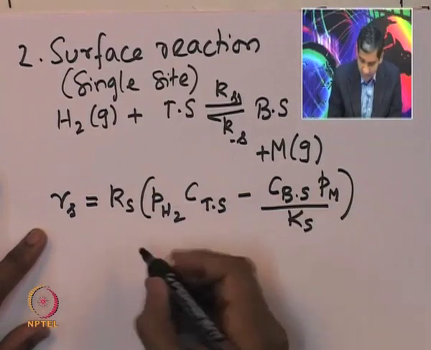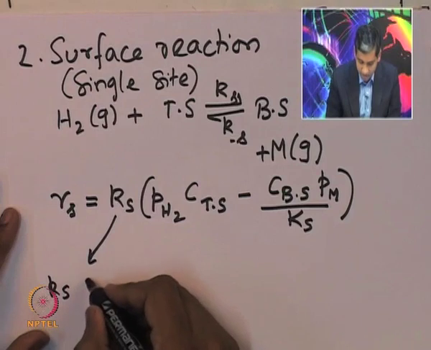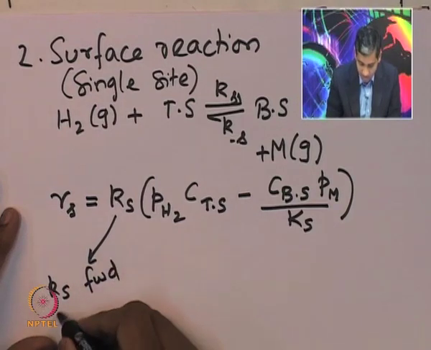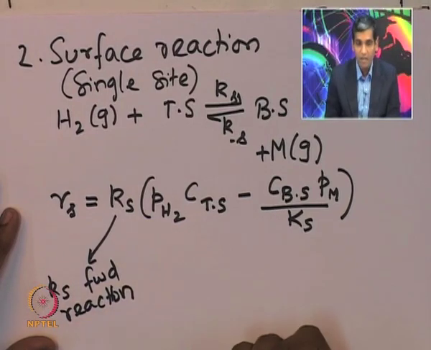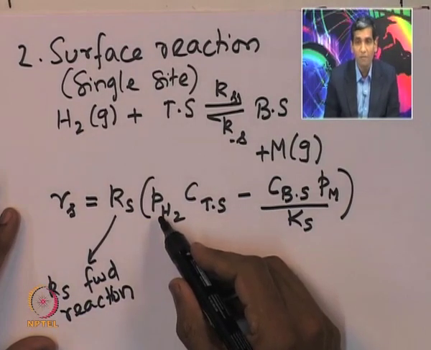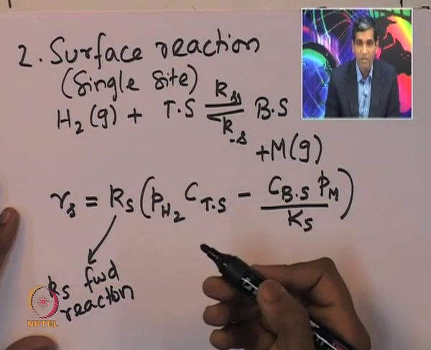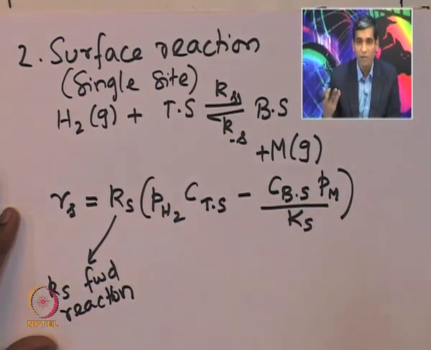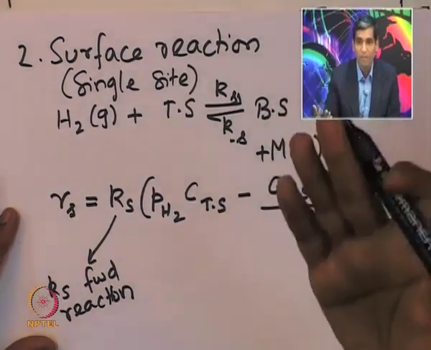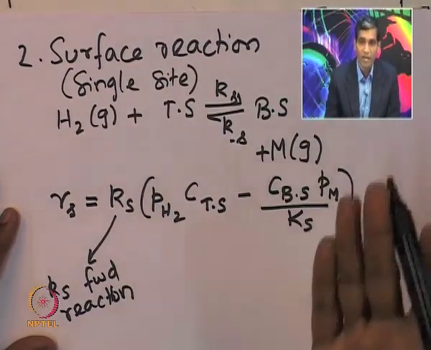Here Ks is the specific constant for the forward reaction, pH2 is the partial pressure of hydrogen in the gas phase, Cts is the concentration of sites in which toluene is adsorbed, Cbs is the concentration of sites in which benzene is adsorbed, and Pm is the partial pressure of methane in the gas phase.